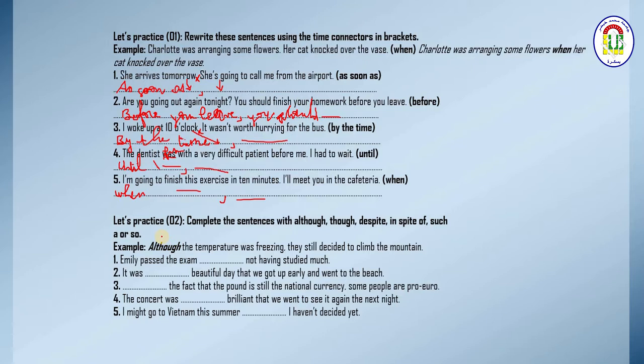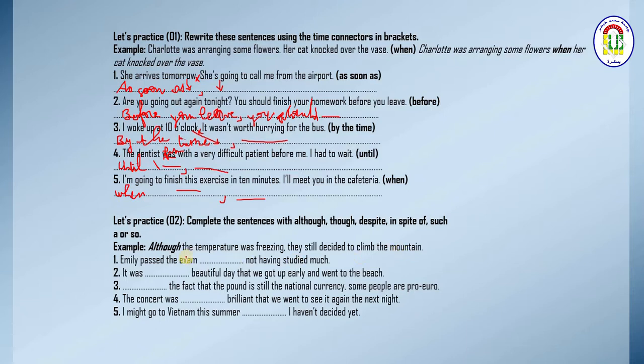Now let's see practice number 2. Complete the sentence with although, though, despite, in spite of, such, a, or so. Here, we try to give you just the example, and the rest you are going to do by yourself. You try on it. "Although the temperature was freezing, they still decided to climb the mountain."